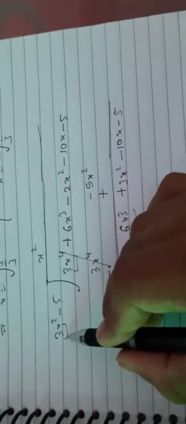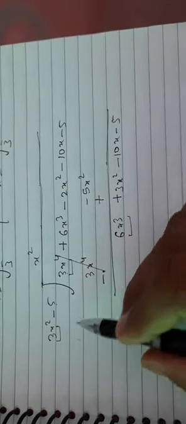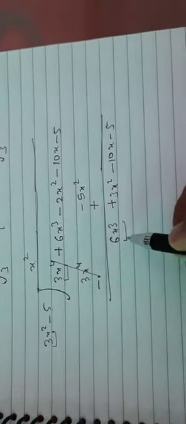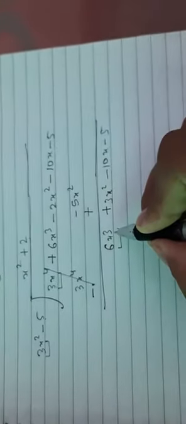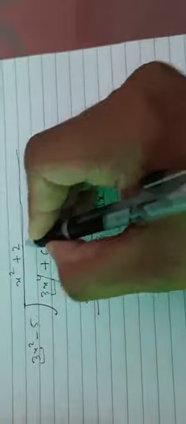Again we repeat the same step, first term divided by first term. 6x cube divided by 3x square: 6 divided by 3 is positive 2, and x cube divided by x square leaves a single x.